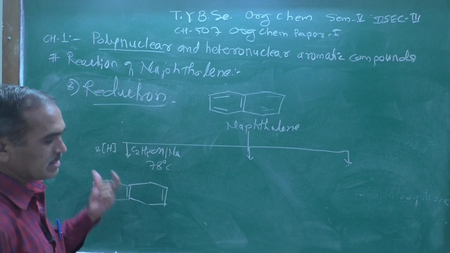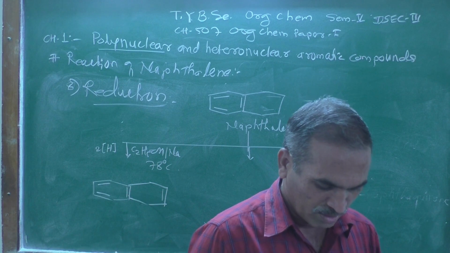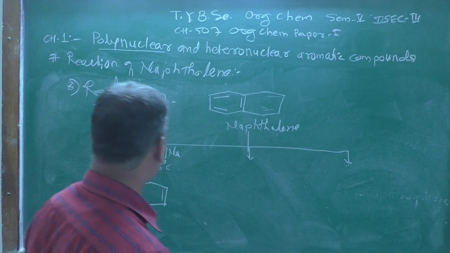We will get this compound, the name of this compound would be 1,4-dihydronaphthalene.